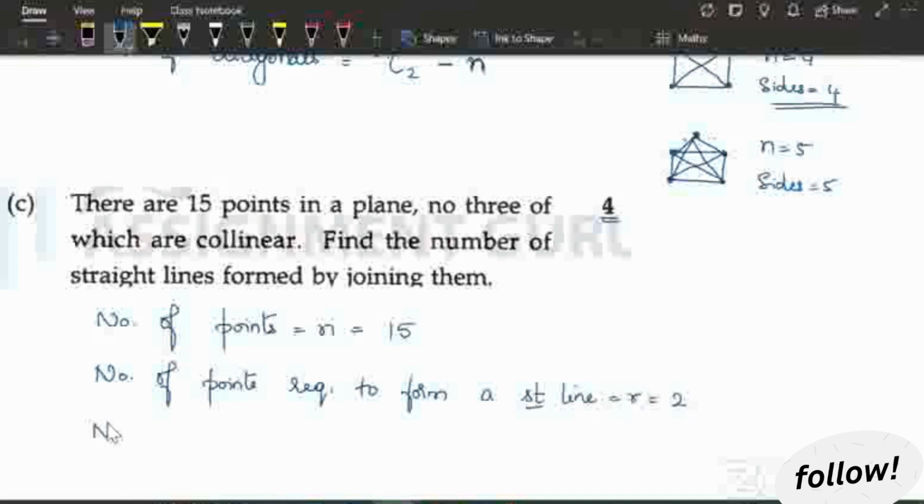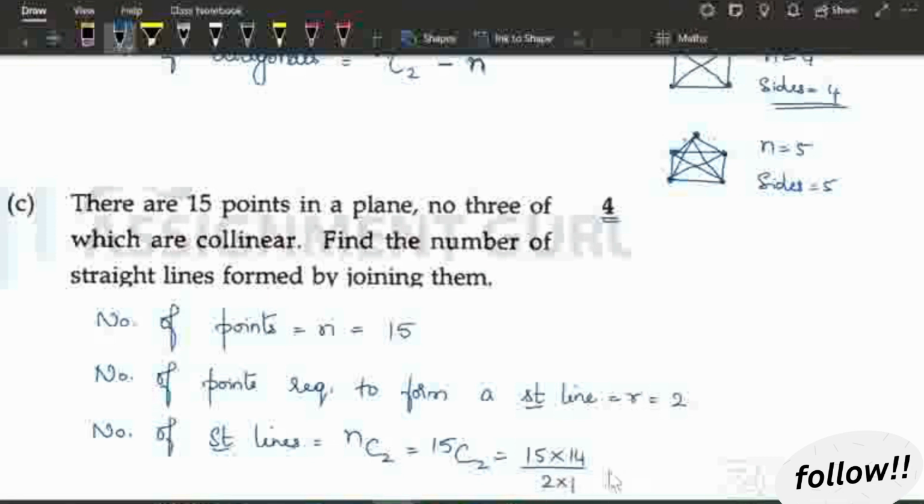So number of straight lines is NCR or NC2, which is equal to 15C2, and then simplify and write the answer. Even then, 4 marks is too much for this. Nothing more you can write. This is the answer.